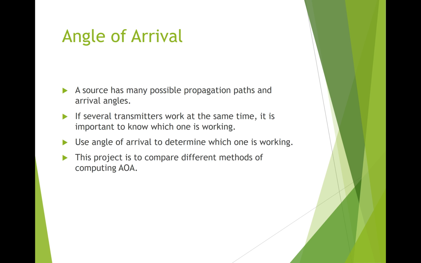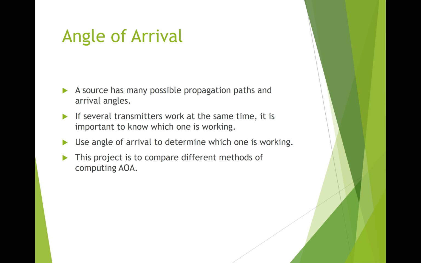Why should we compute the angle of arrival, and how does it come about? A signal source may have several transmitters, and these transmitters may have many possible propagation paths, and these paths have different arrival angles.